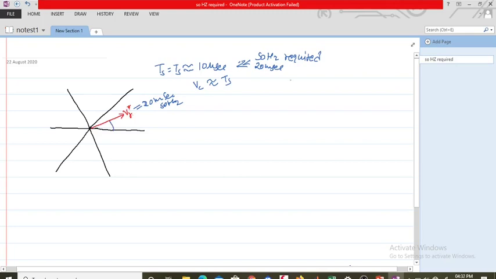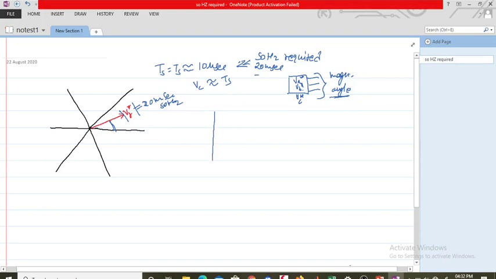So you generate whatever required values, VA star, VB star and VC star, and you convert them into magnitude and angle values. This magnitude value is nothing but VR star, and this angle value is nothing but the position of the reference vector lying in different sectors.